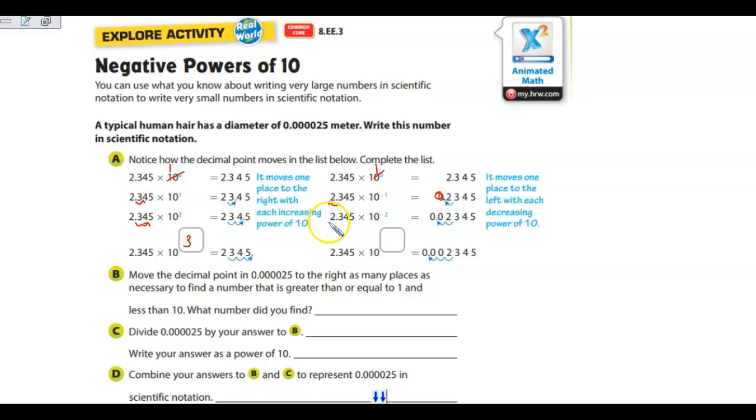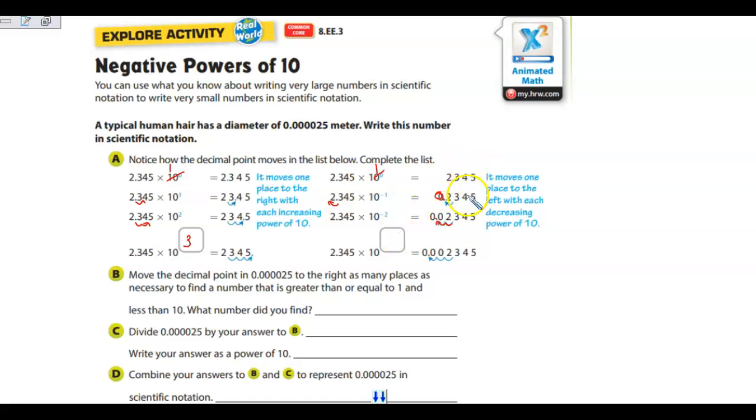We have 2 and 345 thousandths times 10 to the negative 2. This negative 2 tells me it's going to move 2 places to the left. So we're going to move it 2 places this time. We had to add a 0 because that's our placeholder, and then our decimal, and then another placeholder.